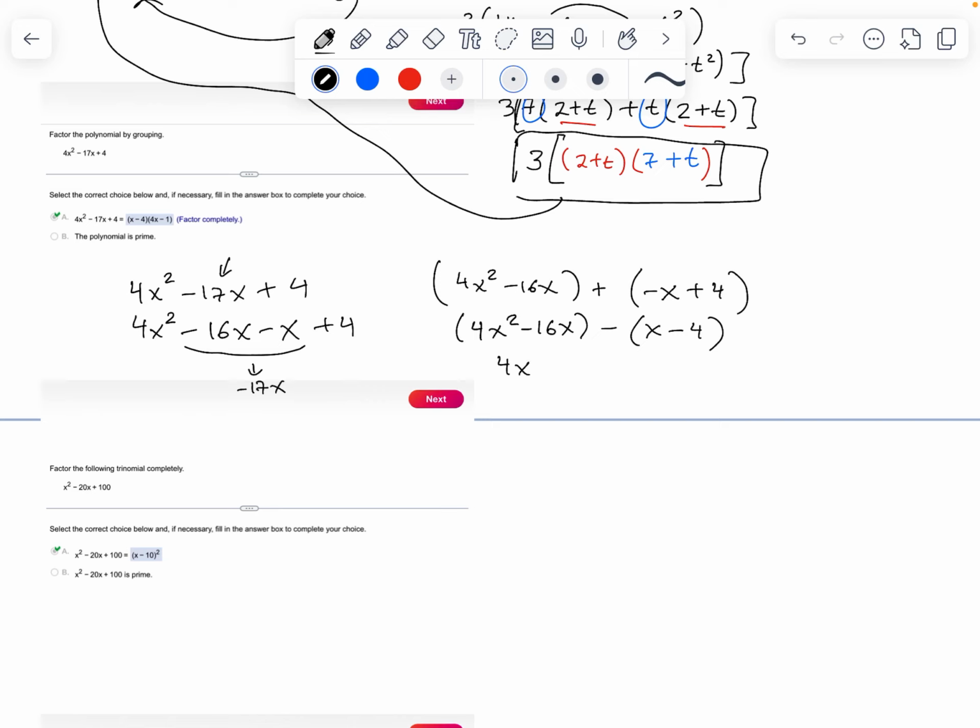The first term we can pull out the 4x, we'll be left with x minus 4 minus x minus 4. We see x minus 4, we see x minus 4. It'll be x minus 4, and we write everything else. So it's going to be 4x, and over here will be just minus 1. We cannot just put minus nothing. It will be minus 1.